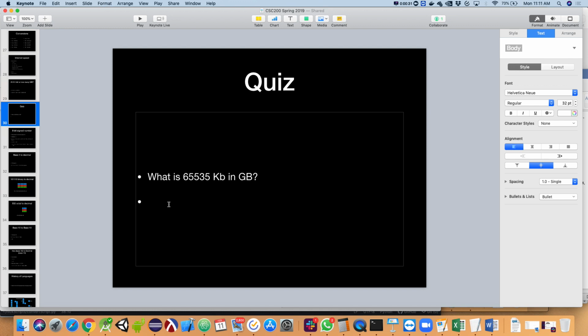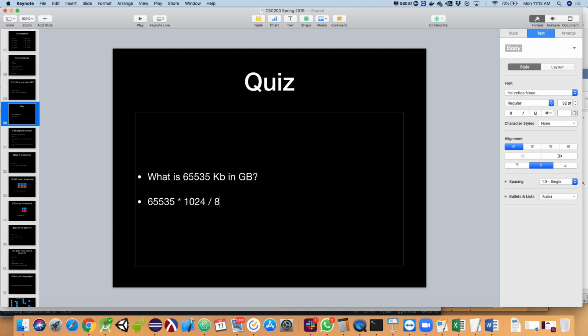So you can either walk all the way up the chart. So we have 65,535 kilobits. So the next thing would be bits, right? So that's times 1,024. That gives you bits. Then you need to get over to bytes, so you divide by 8.